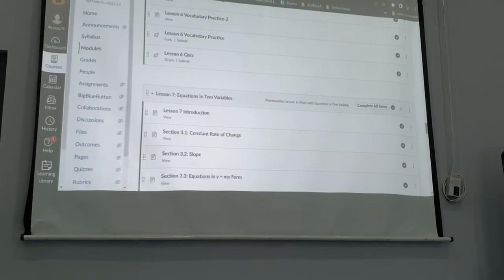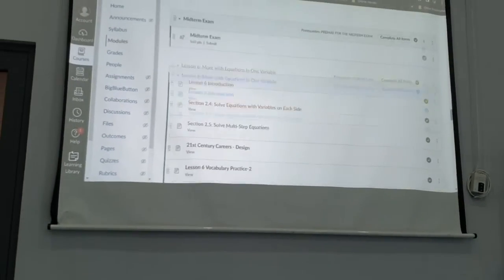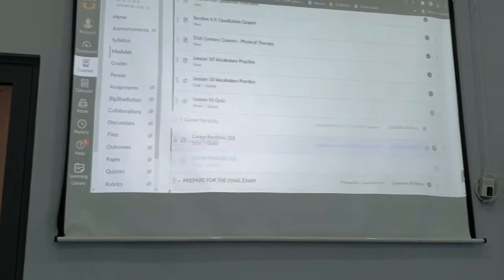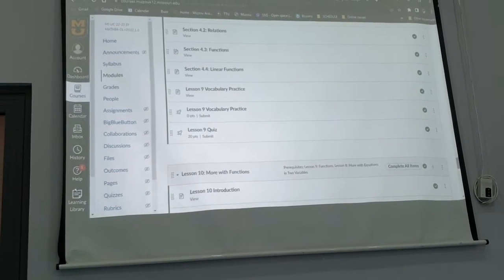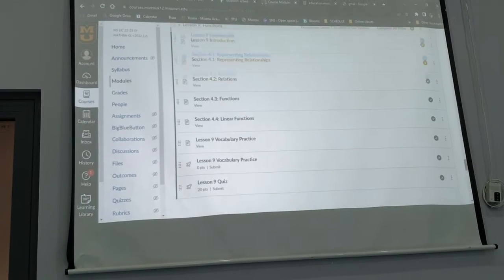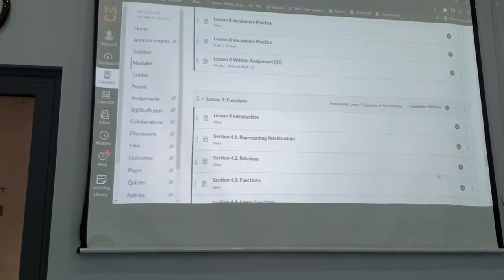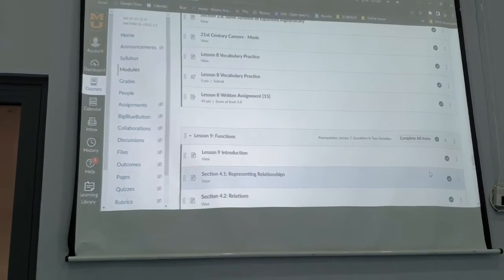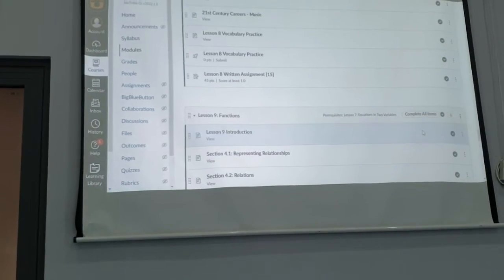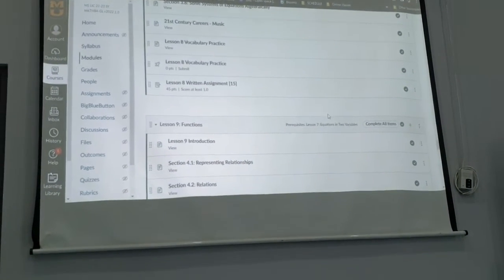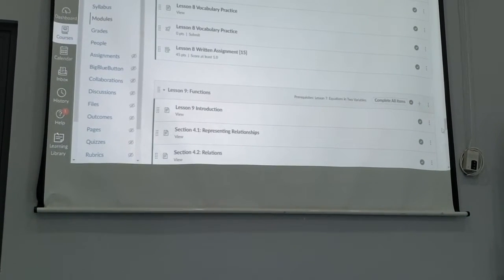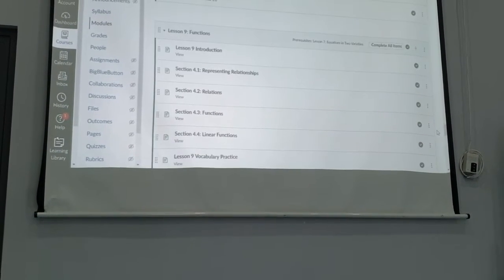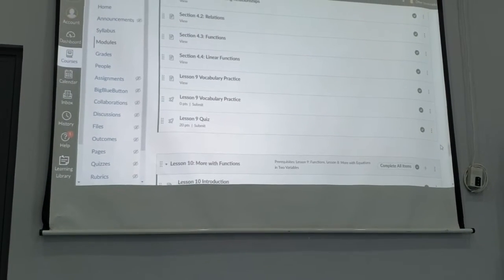Grade 8. And that goes up to lesson 7. How many different lessons are there? Here in grade 8 we have 10 lessons. Okay, could I see it? You're going so fast I can't see it. Sorry. So lesson 9 is functions, and lesson 8 was music.